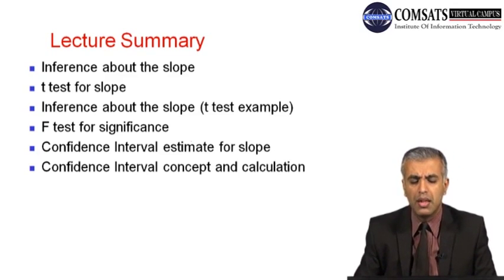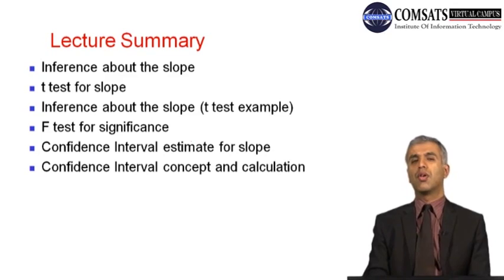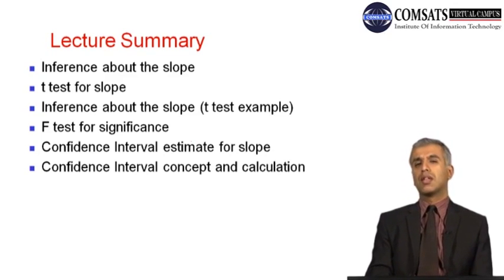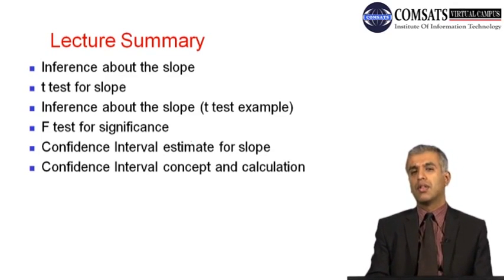That's why we have to be sure about the inference, and that's why t-tests are calculated for the slope as well, because at the end of the calculation we are calculating the slope for a specific sample. So we again have to calculate how much possibility there is that a certain kind of relationship might exist between the two variables.